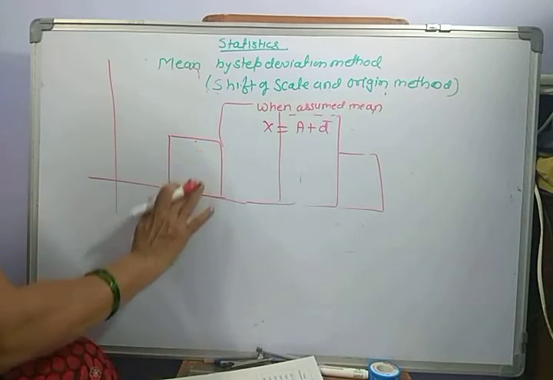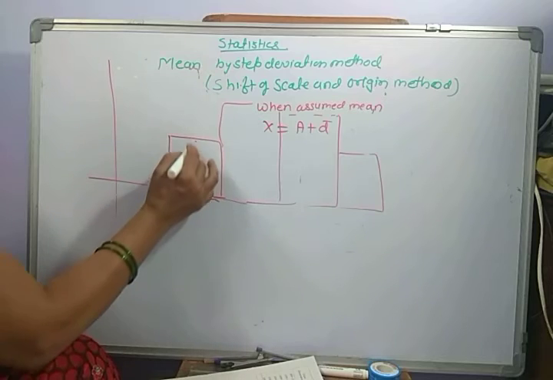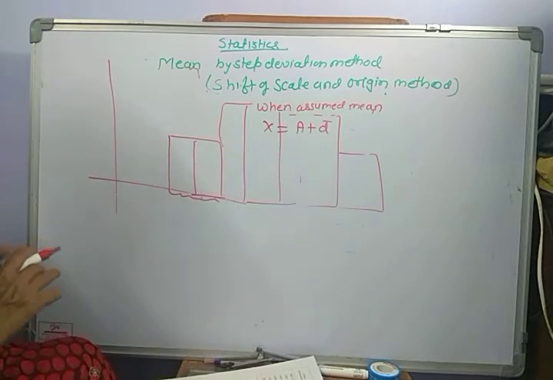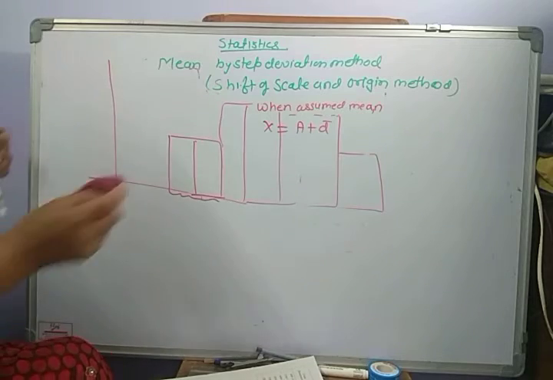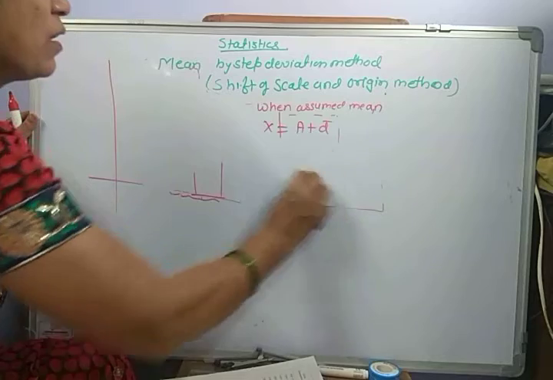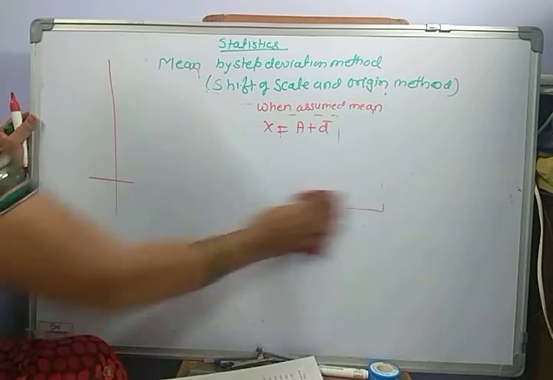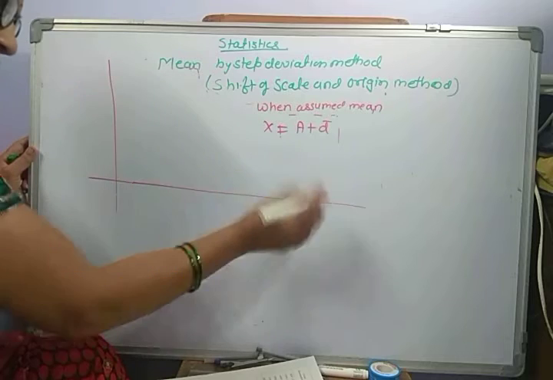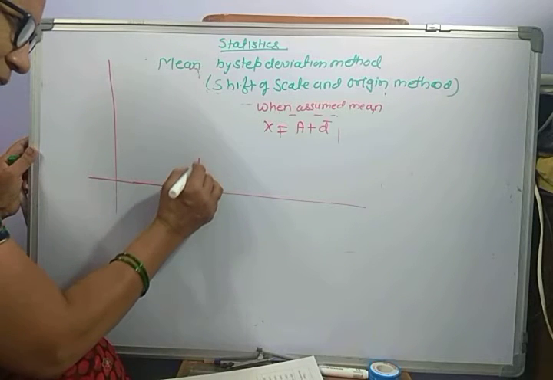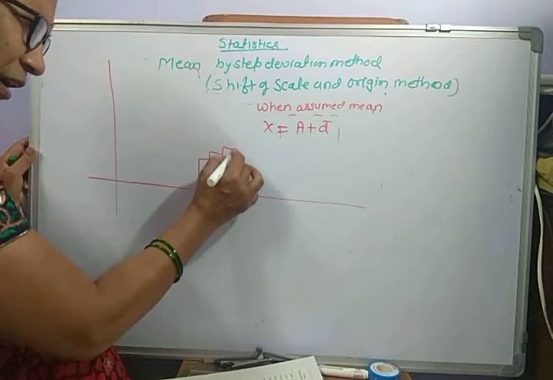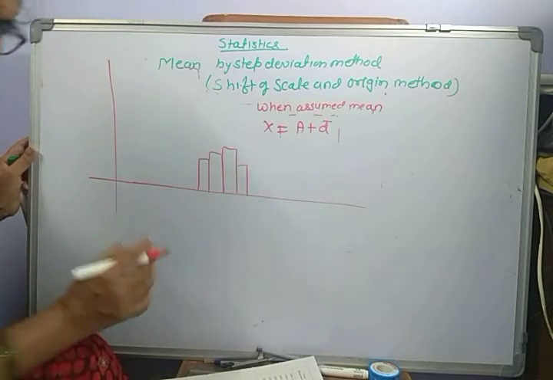So what do we do? We shrink all the classes at the center. We make the class width very small. We shrink the classes and make them like this and calculate. You may have done such things in computers.